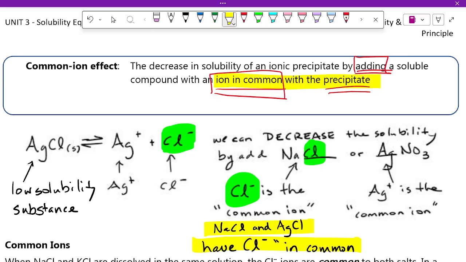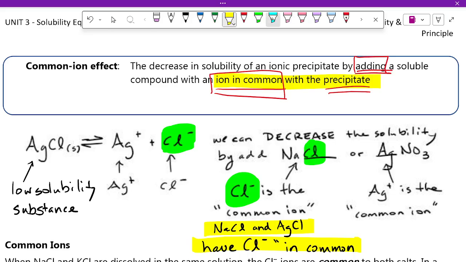And what happens if we add Cl minus? Tell your partner what happens if we add Cl minus. It's just left. So anytime you add a compound that has an ion in common, it will decrease the solubility.